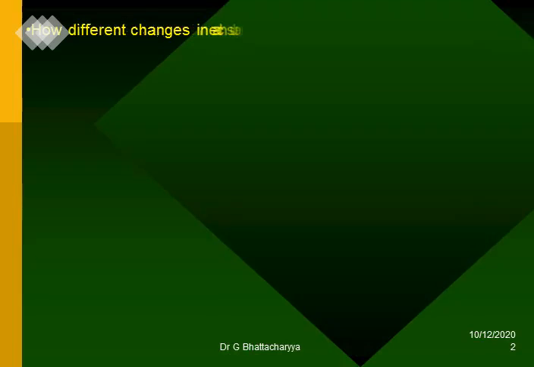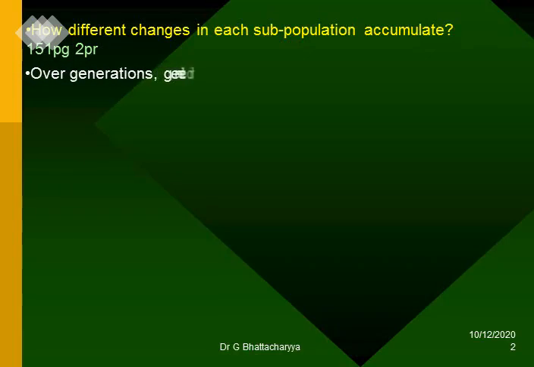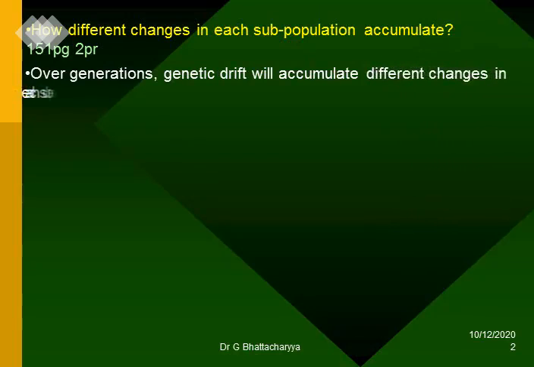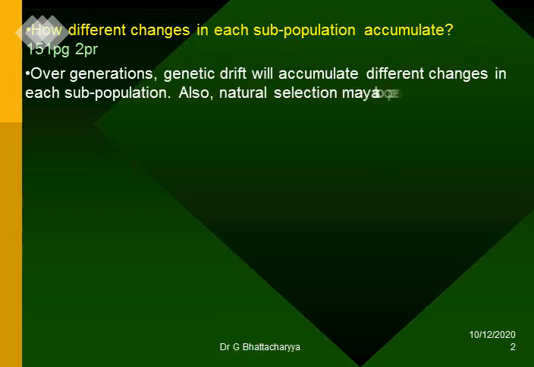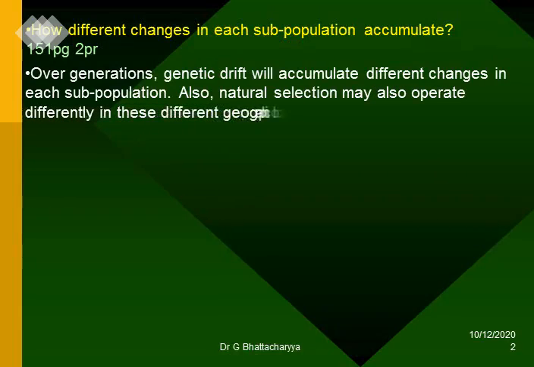How different changes in each subpopulation accumulate. Over generations, genetic drift will accumulate different changes in each subpopulation. Also, natural selection may operate differently in these different geographic locations.